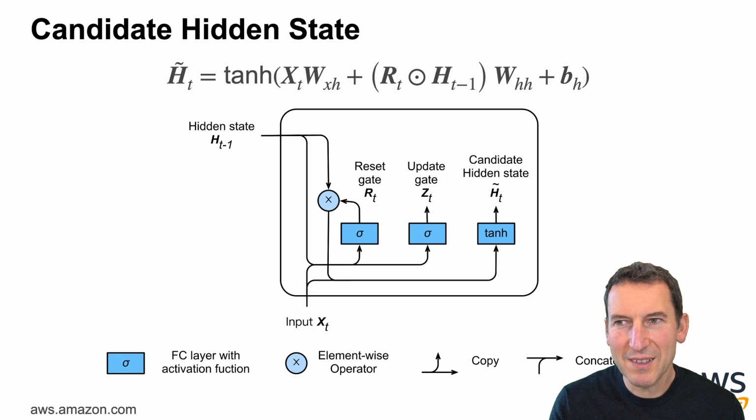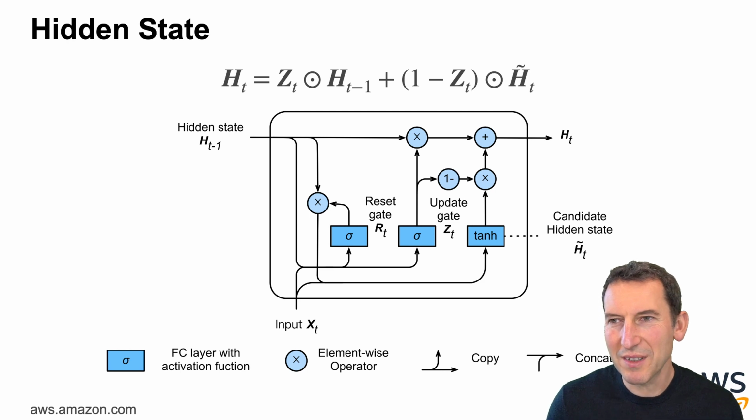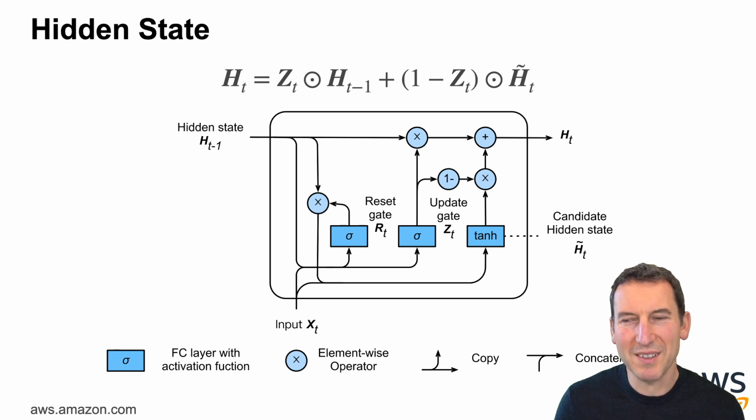Now the next thing is I need to make use of the update gate itself, and I'm doing this by appropriately taking a convex combination between the original hidden state and the new candidate hidden state. That's what this 1 minus and times expression is.